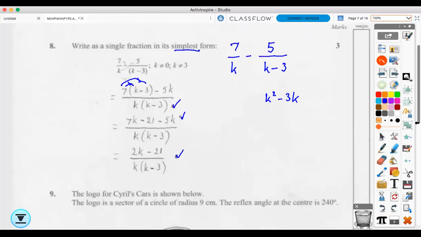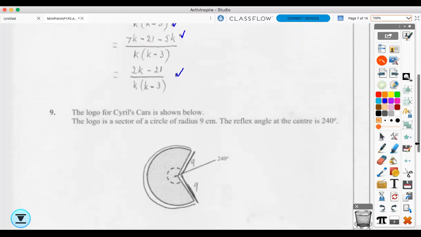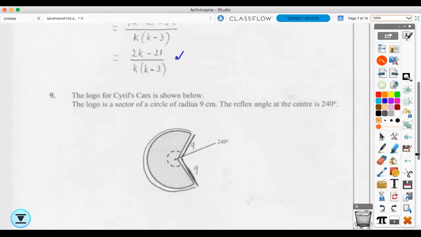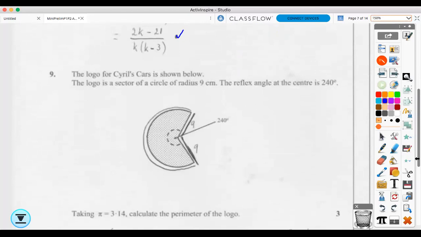Okay. And the last one, I would say out of all the questions, that was probably the hardest, because there's a couple of things here. If you read the question, first thing first, you need to highlight what you've been asked. Calculate the perimeter of this logo.